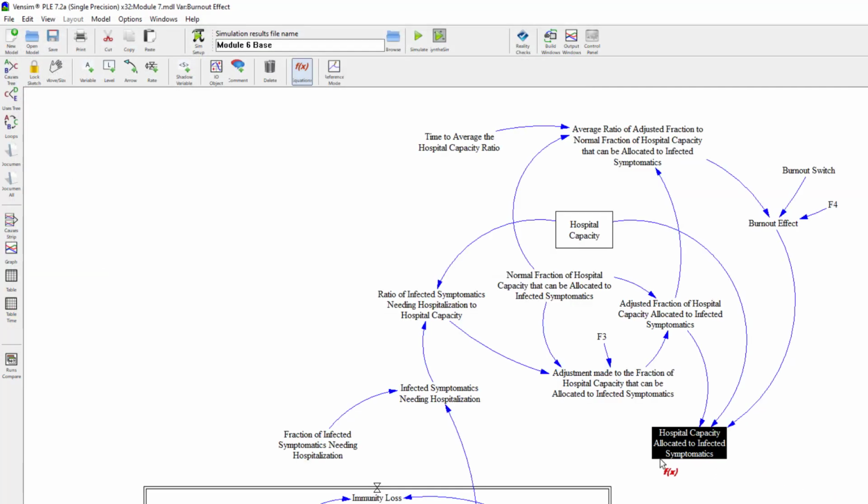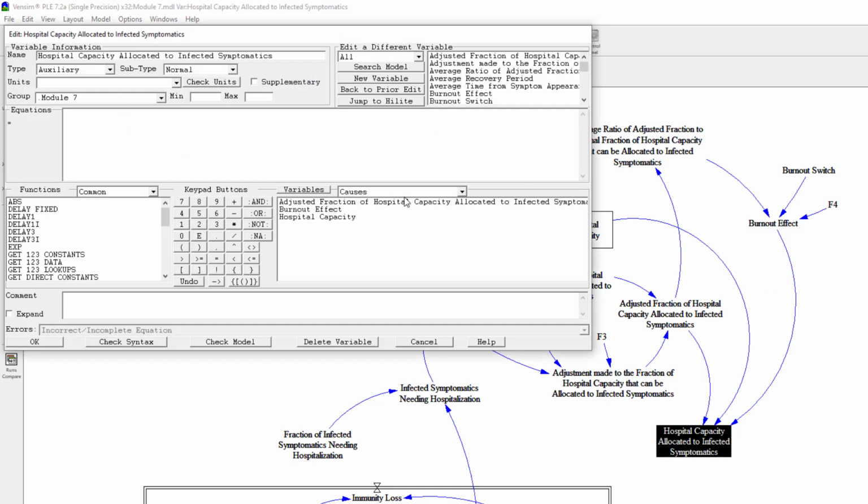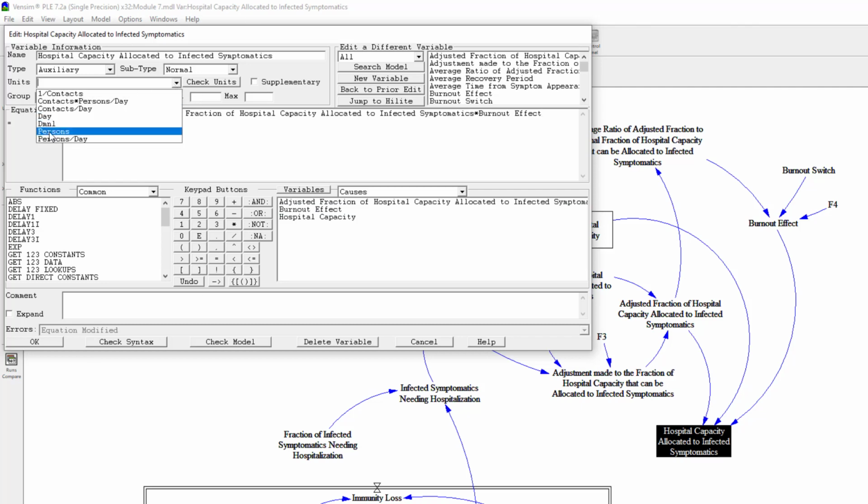Now you're going to multiply that by the hospital capacity. What you're going to do is hospital capacity multiplied by adjusted fraction of hospital capacity allocated to infected symptomatics multiplied by burnout effect. In this case, the unit is going to be person.